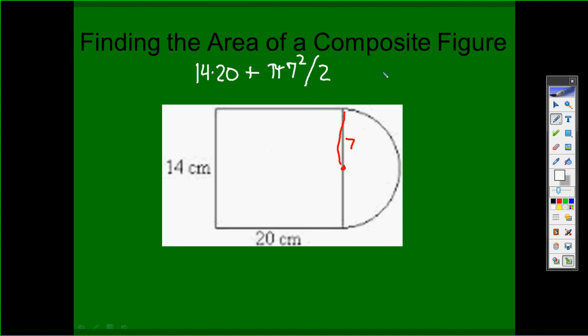And a rounded answer here would be 356.97, and my units would be centimeters squared. So this is the rectangle, this would be an entire circle, that's the half circle.